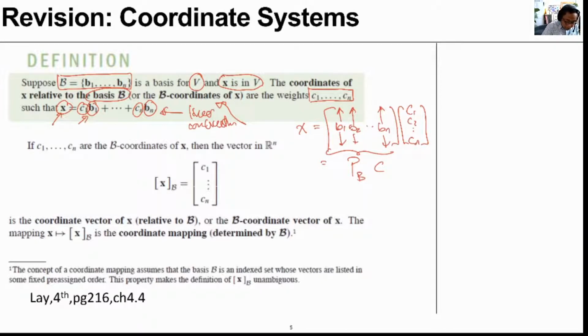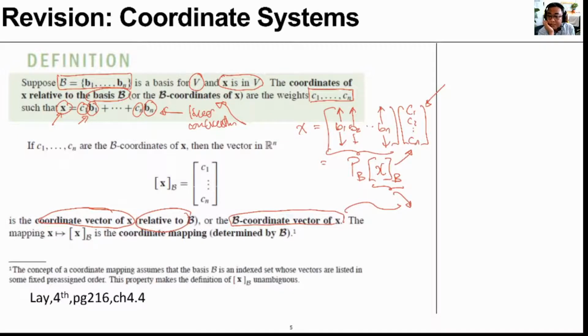In fact, this C vector we now call the x vector in the B coordinate. So we call this the coordinate vector of x relative to B, or we say it as the B-coordinate vector of x. So to repeat, [x]_B is nothing but this vector of C1 to Cn.